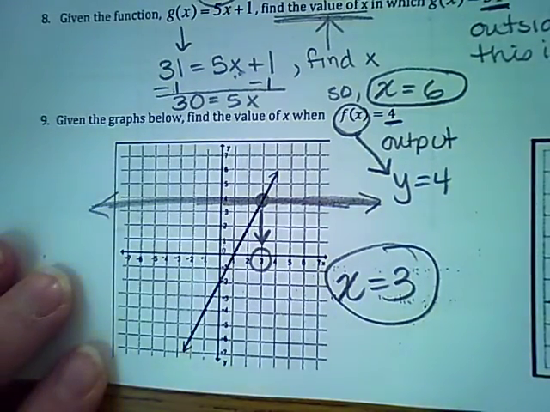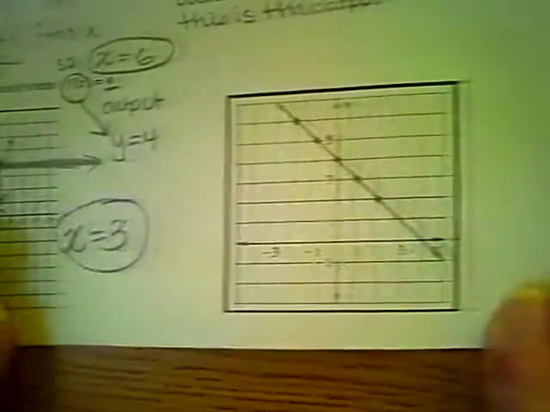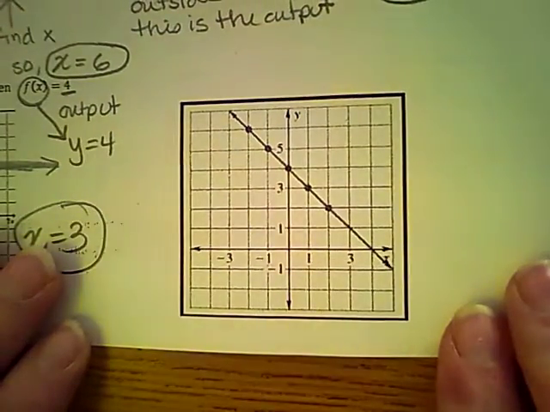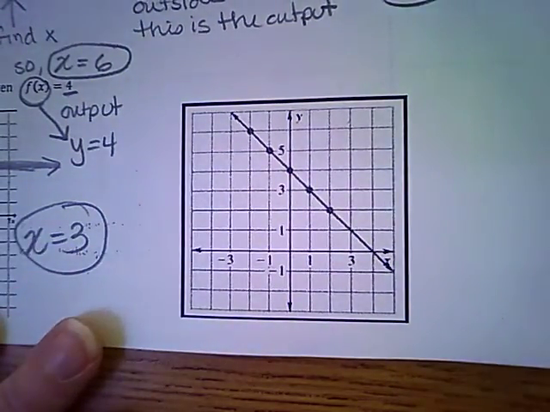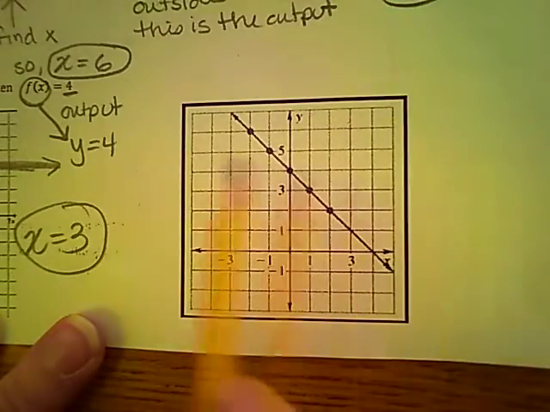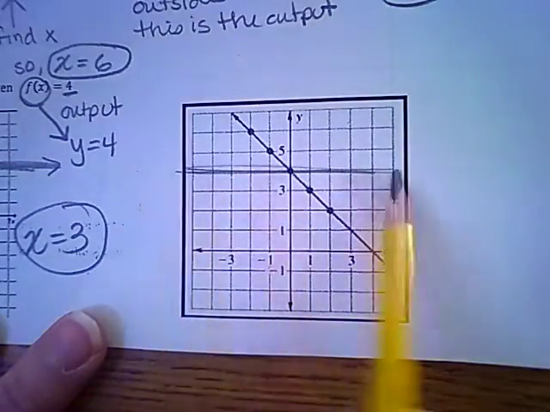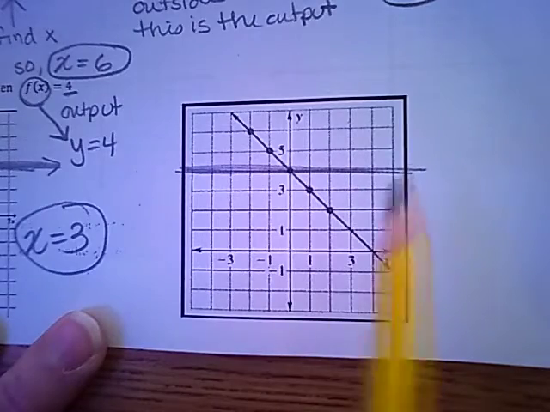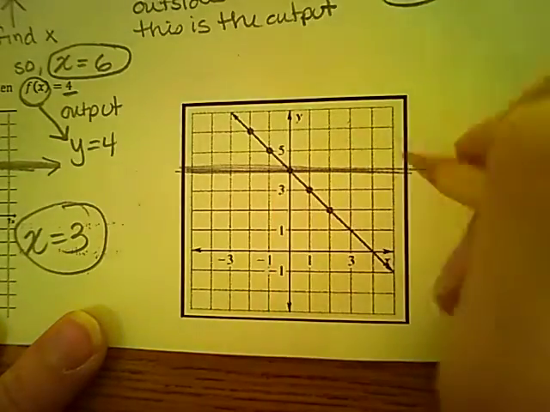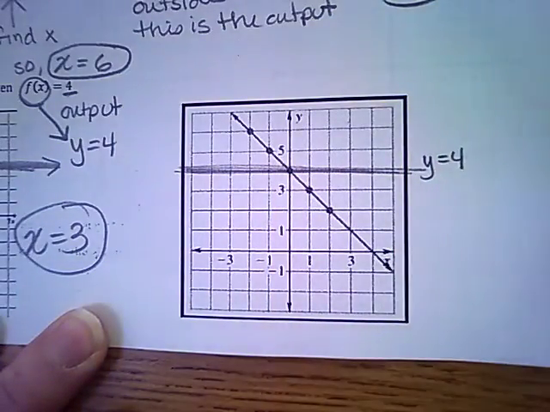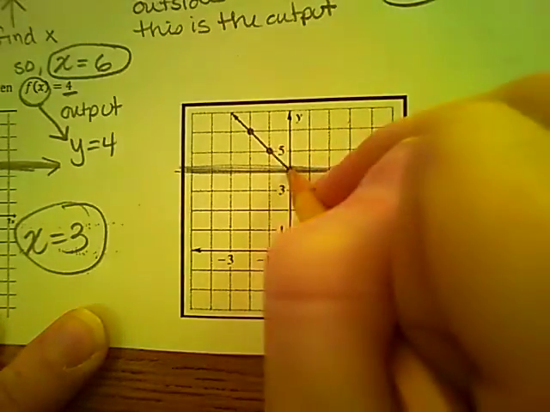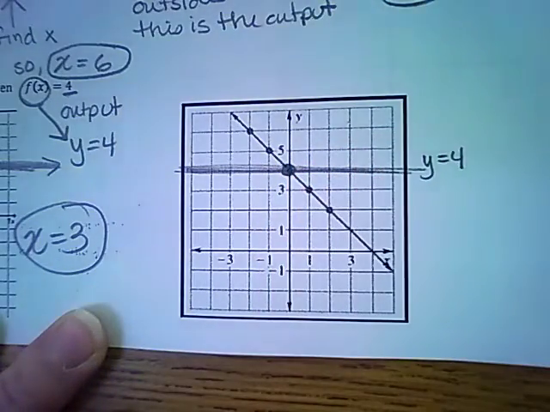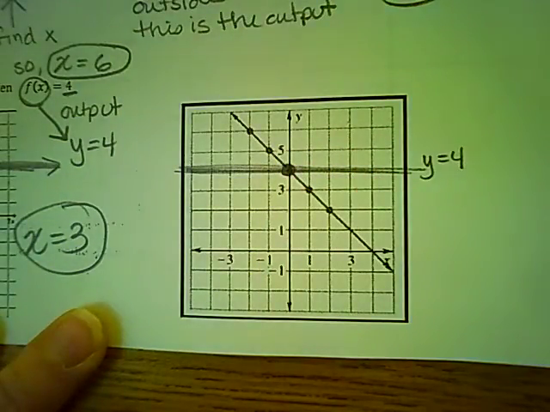Try the next one. Same thing, when y equals 4. Here's when y equals 4. This is y equals 4. What is the x value when y equals 4?